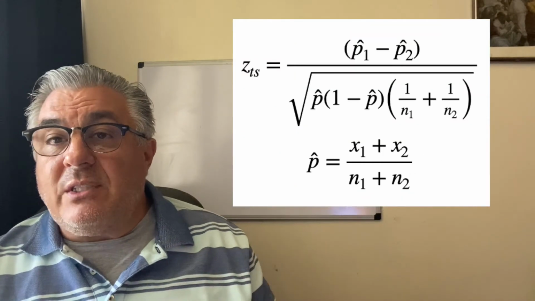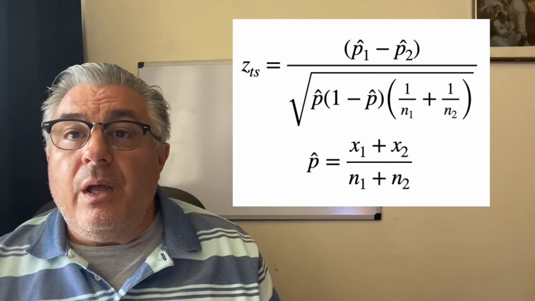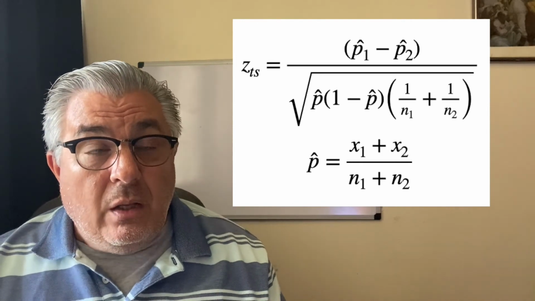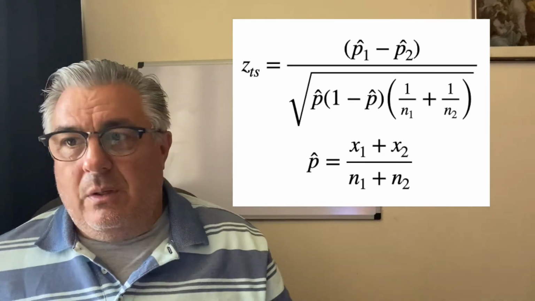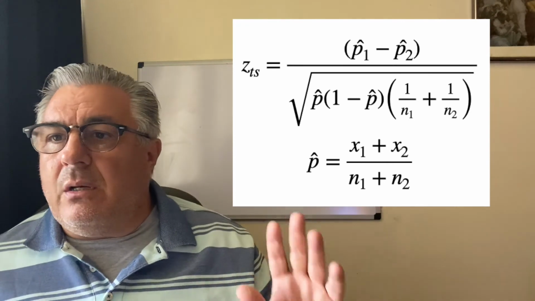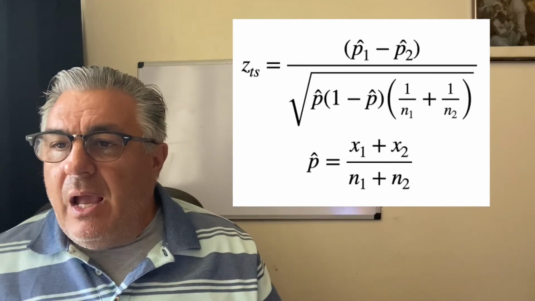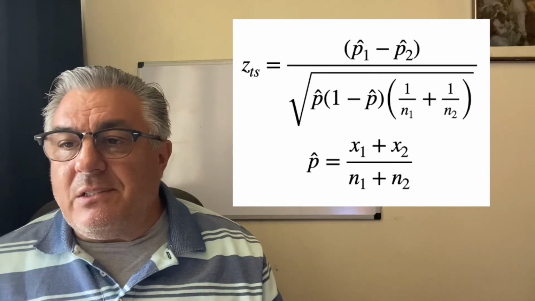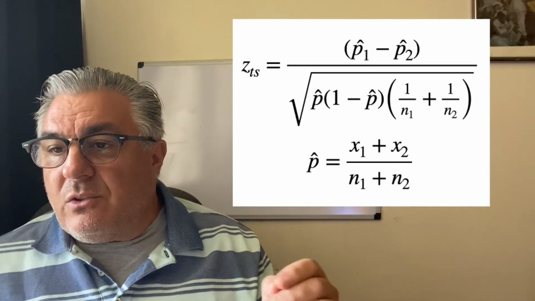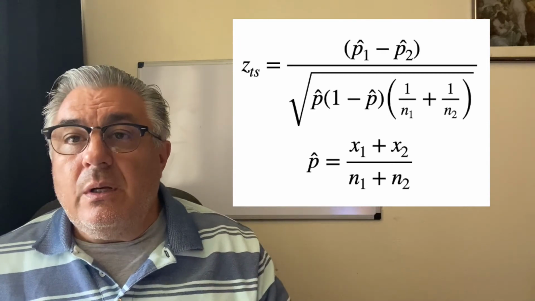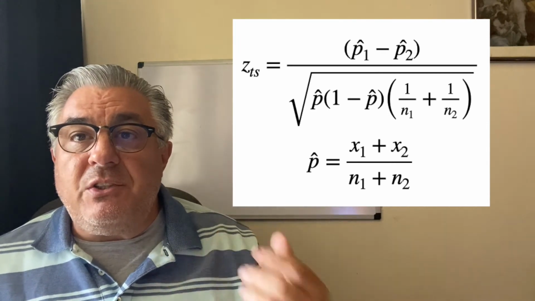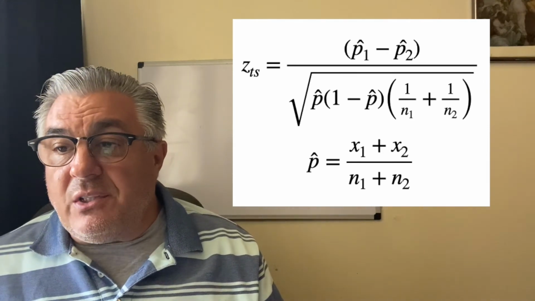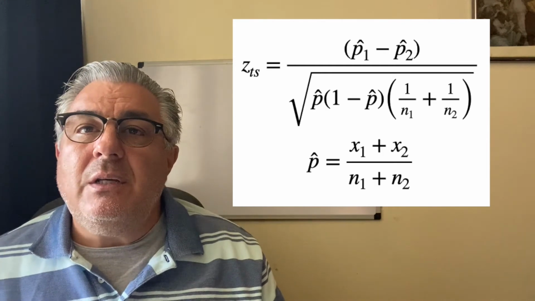So let's just note that our test statistic is p hat 1 minus p hat 2, and notice that p1 minus p2 under the null was equal to 0. So we don't need that part, so that cleans up a little bit. And then notice now we have this new p hat, and this new p hat is defined to be x1 plus x2, so the number of successes from population 1 plus population 2, divided by the number of trials in n1 and the number of trials in n2.